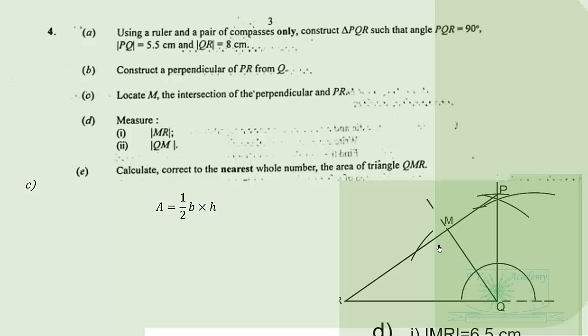Great, because this is a 90-degree angle over here. So we have half times 6.5 times 4.5, and that will give us half of 29.25, which is equal to 14.625, and to the nearest whole number is 15 centimeters squared.